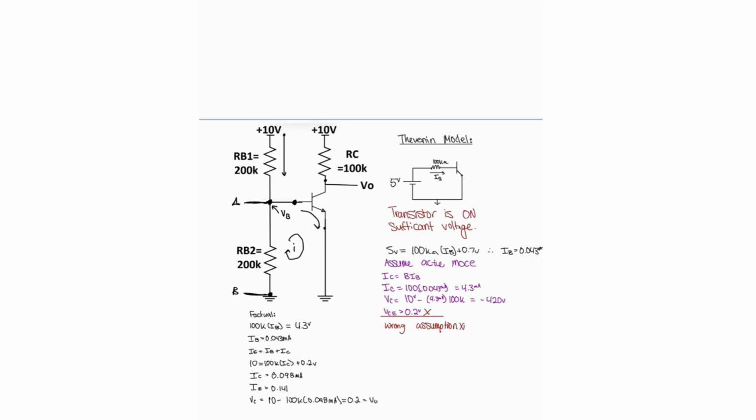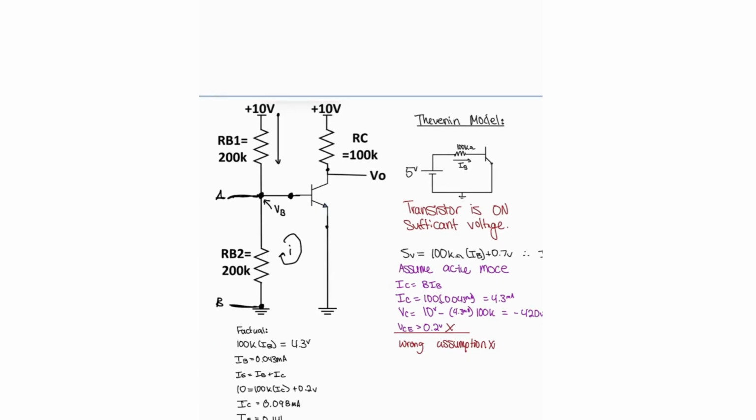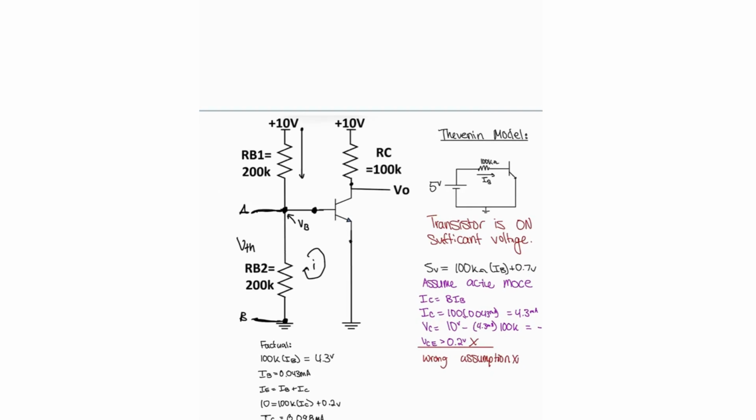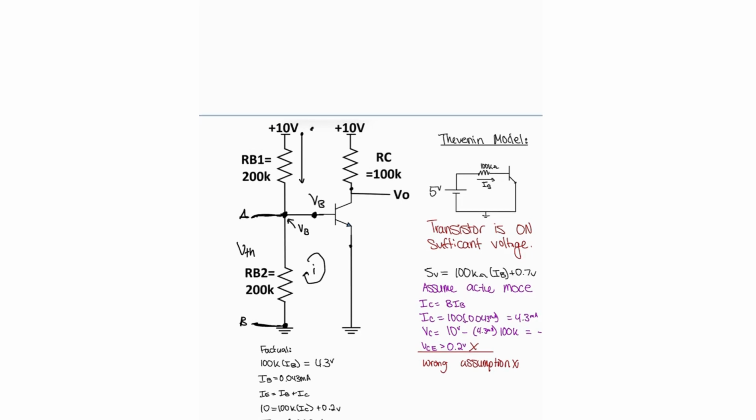To prove that, we're going to draw a Thevenin equivalent model. If we look at these points here, A and B, the V Thevenin is going to be from the 10 volt source through a voltage divider. So what's the voltage here at VB? If we have 10 volts starting, and we go through a resistor and then this resistor as well, it's going to be 10 volts times 200K divided by 200K plus 200K ohms.